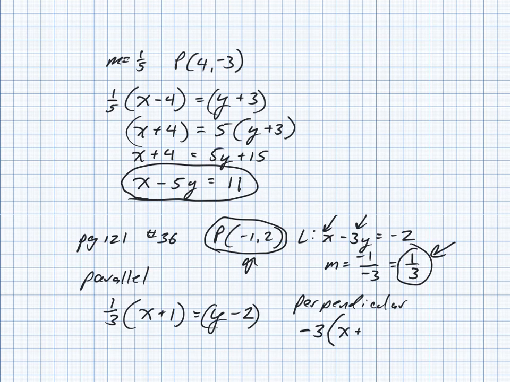X plus 1 equals y minus 2. Notice that the equations are very, very similar because we use the same point. The only thing that's different is the slopes. I am not going to convert these to standard form because we did those earlier. So if you're confused or can't remember how to do it in standard form, just go back a section and check that out. Now on to section 3.5.